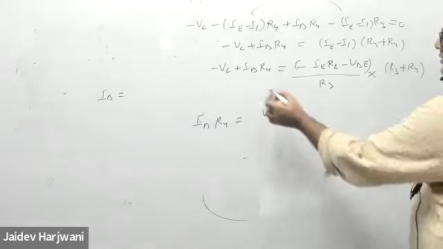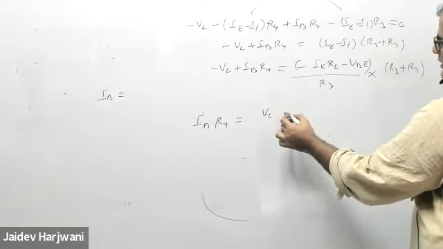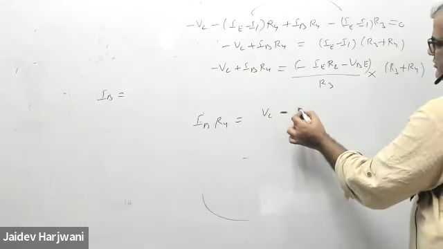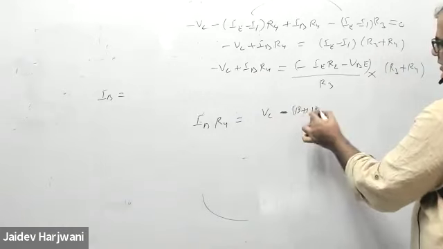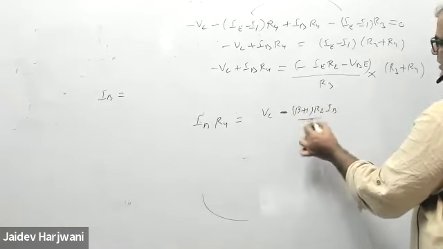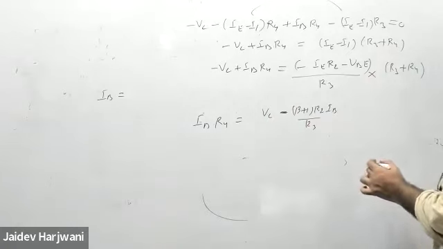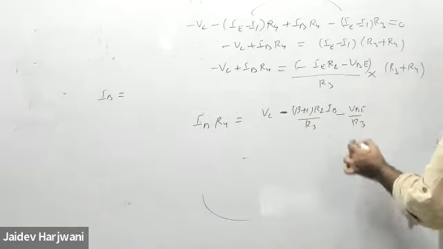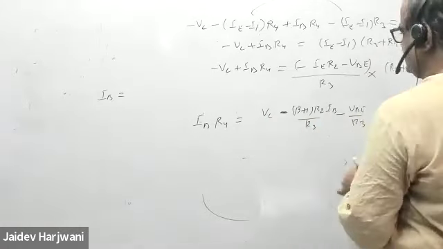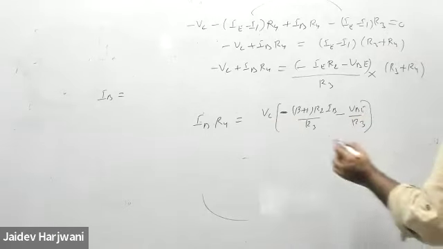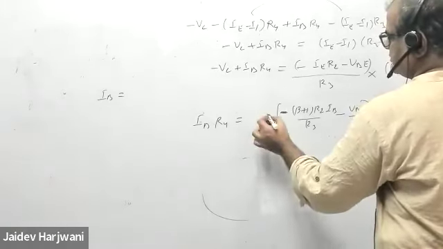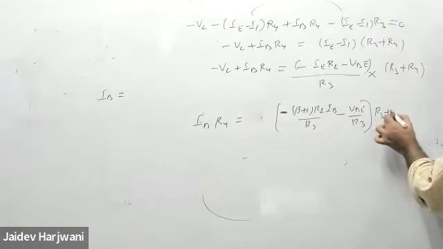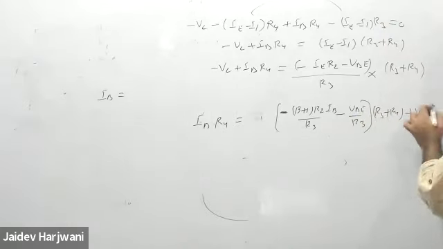VC. Okay, VC, and this is minus. Okay, minus I is your beta plus 1 R2 IB R3. Okay, and this is minus VB upon R3. So this is into R3 plus R4 into VC.